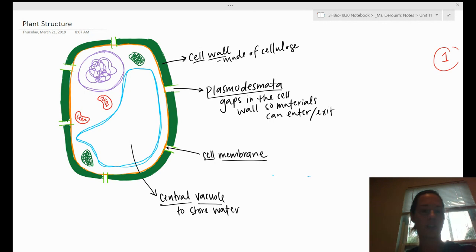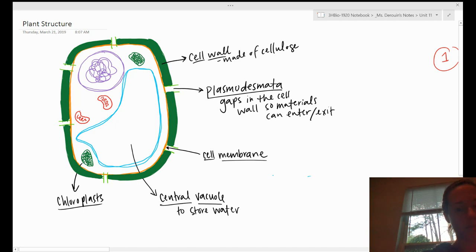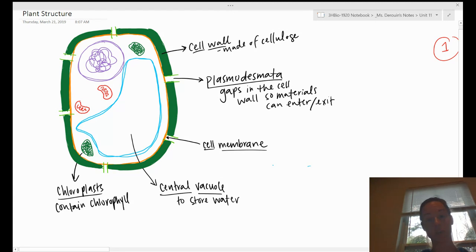And then you also have, of course, in most plants, not all of them, but in a lot of them, chloroplasts, which are green because they contain the pigment chlorophyll, which is the main pigment that's used to do photosynthesis.